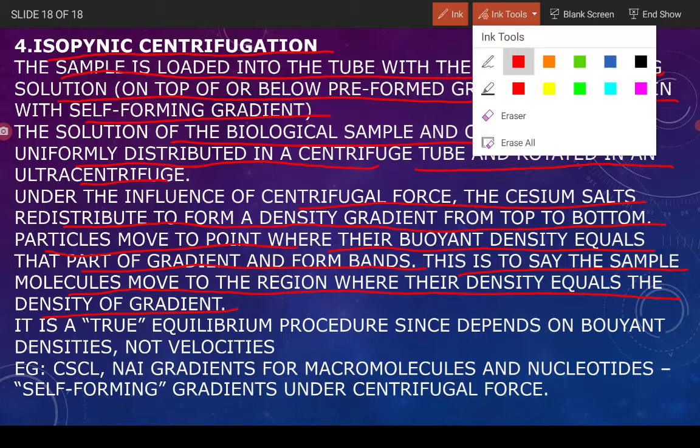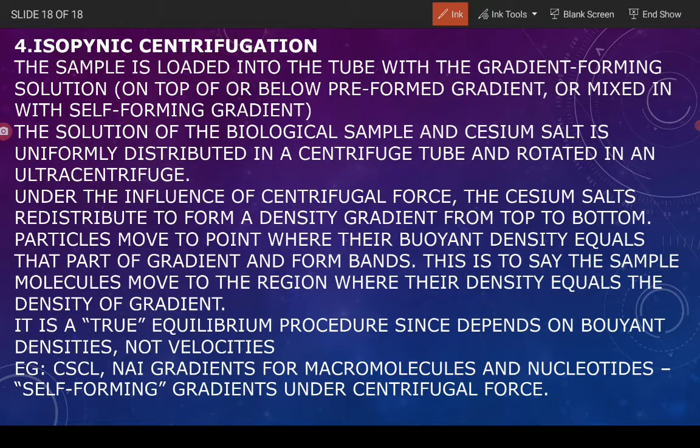Right? So this is also easy to understand, as in the earlier one we studied the different gradient densities of sucroses. Now here what we do, we take cesium salt, CsCl, cesium chloride, of different densities, and the molecules which have density equal to this cesium chloride will come here.